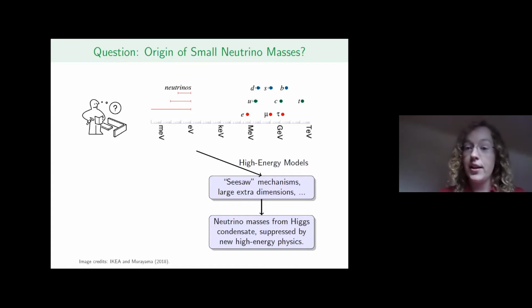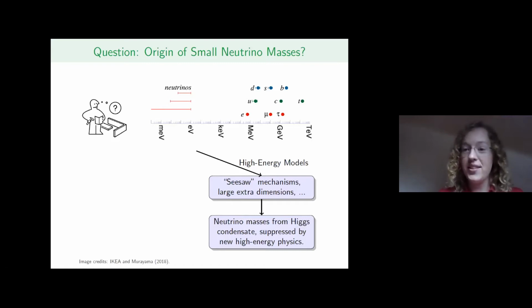Or in large extra dimensions, this suppression is achieved by a small overlap of the wave functions of the left-handed neutrino living in the 3+1 dimensional brane and the right-handed neutrino living in the higher dimensional bulk.